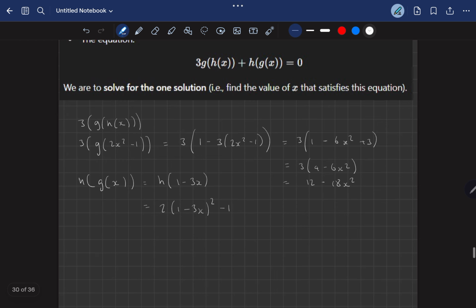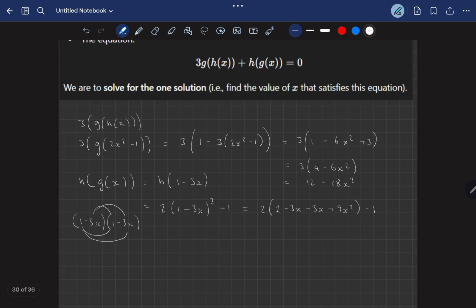And we have to expand this out. We get 2 times this squared, (1 minus 3x)(1 minus 3x). Do that times that, that times that, and so on. So that is 1 minus 3x, again minus 3x, plus 9x squared, minus 1.